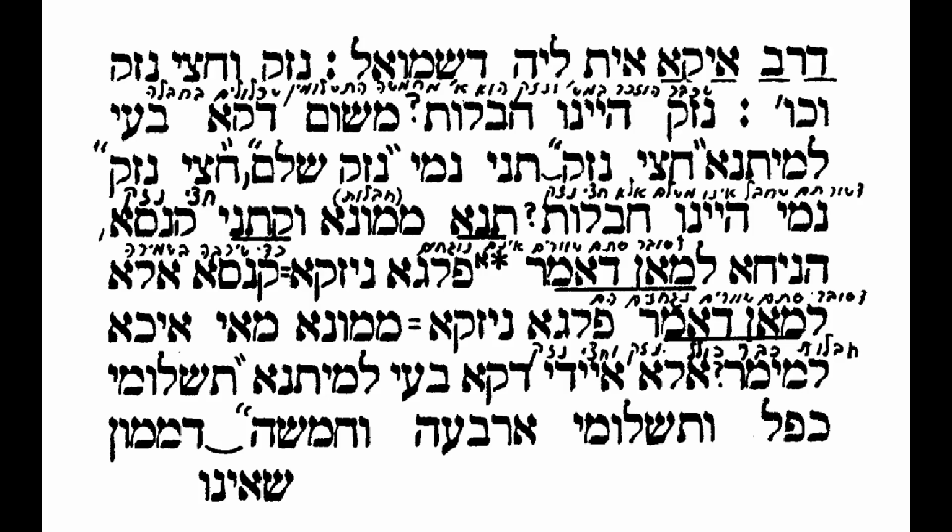As a result of that, we would not be able to say that chatzi nezek is included in chavalos or nezek shalem. The Gemara says this analysis is true, but not according to all opinions. This is true according to the opinion that holds that chatzi nezek, palga nezek, is a knas payment.